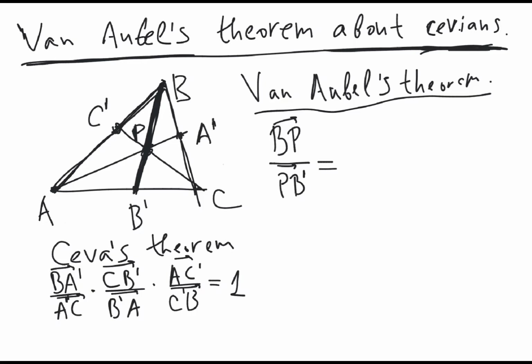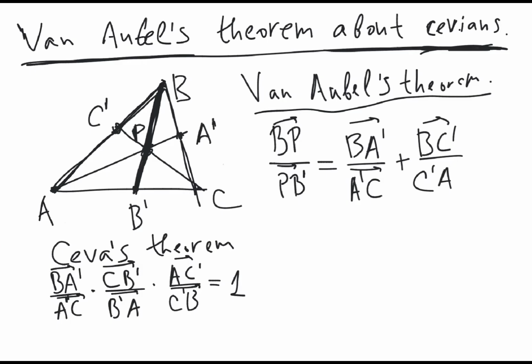So this is equal to B A prime over A prime C plus BC prime over C prime A.